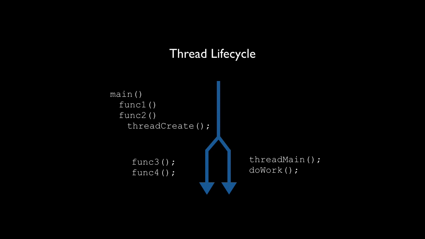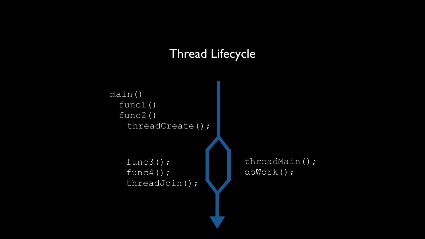The main thread will continue after thread create and call func 3 and func 4, and the secondary thread will run thread main and then call do work and so forth until it returns from thread main. Once a thread returns, or the main thread waits for that thread to return, thread join will occur and the thread life cycle will end.